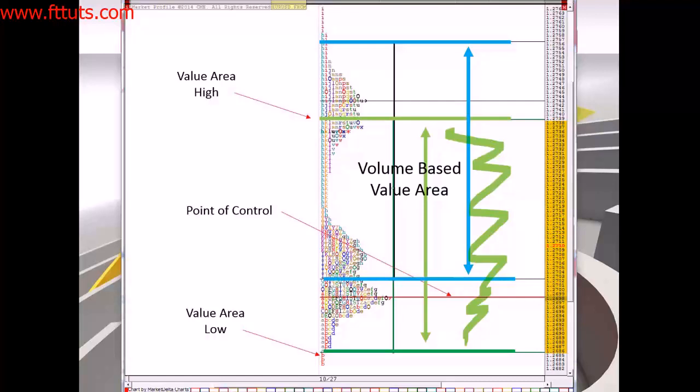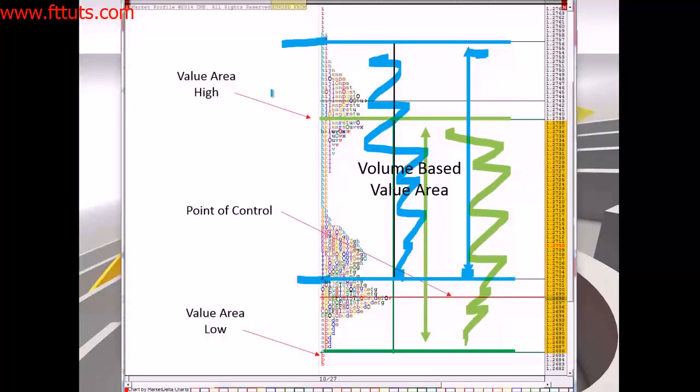Now, I'm going to change my highlighter color, and I am going to pick blue, and then we're going to highlight the volume-based area. It corresponds to this blue arrow here. This is my value area low based on volume, value area high.